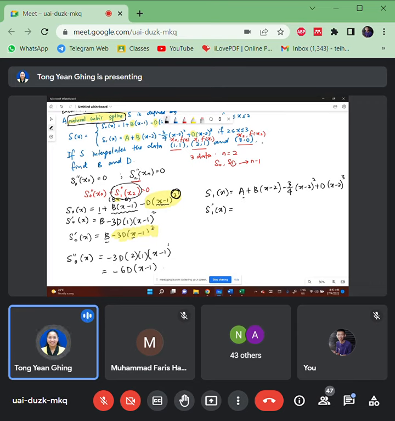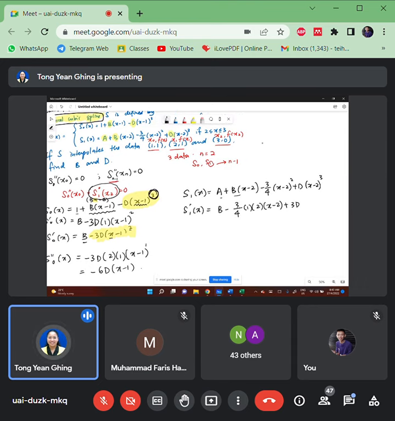So this one only B minus this one times with 1 times with 2 and then x minus 2 plus 3 being in front and then times with 1, the x inside, x minus 2 now become 2. Betul? B minus now is 3 over 2, x minus 2 plus this one 3D x minus 2 power of 2.